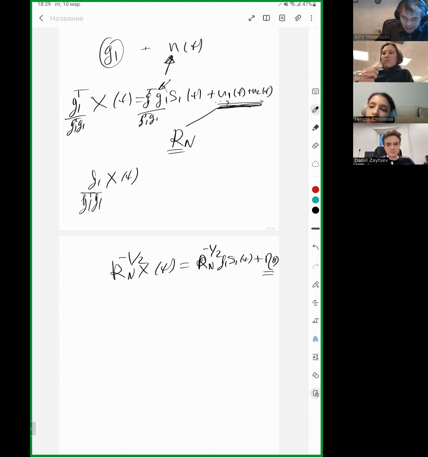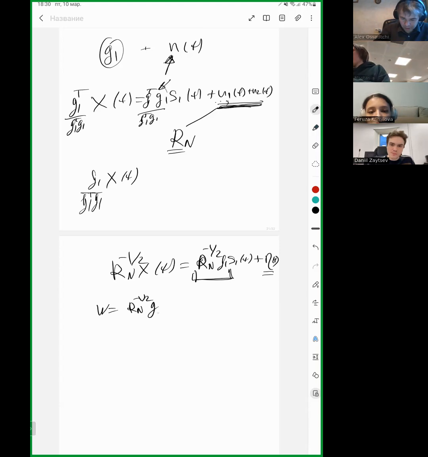And then you say that in this scenario, my proper processing will be to multiply by this source topography, Rn minus 1 over 2 multiplied by G, the source topography, but in this transformed space.